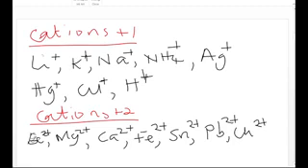What else do we have there? We have Zn2 plus, this is zinc 2 ion, common oxidation number. We have Ni2 plus, this is nickel 2 ion. Now these are the common ions with a charge of 2 plus.